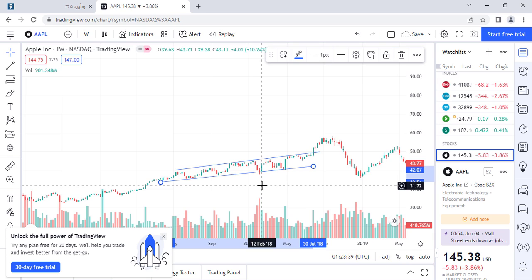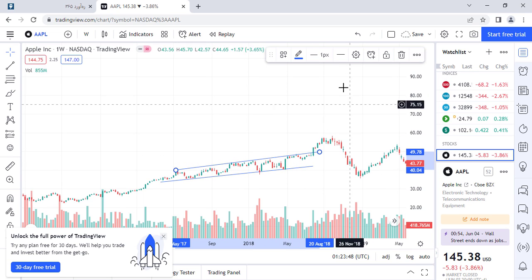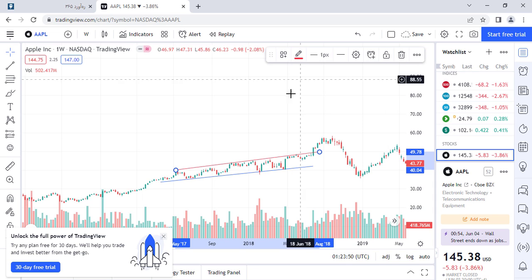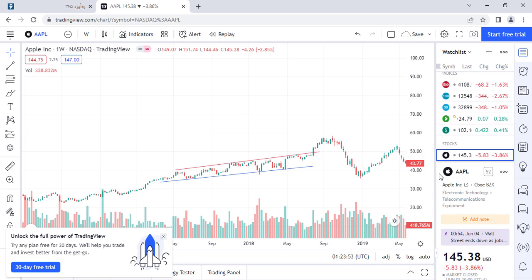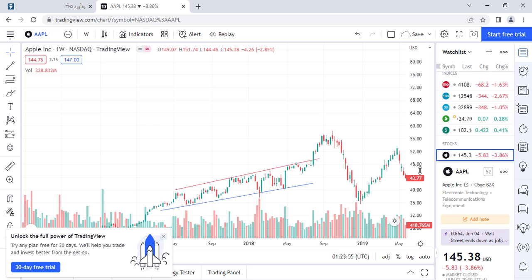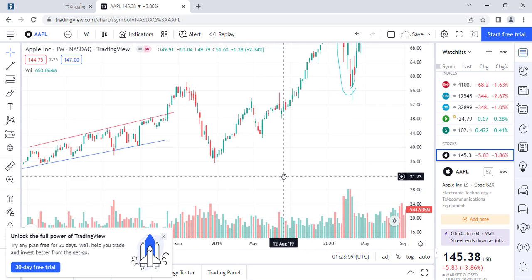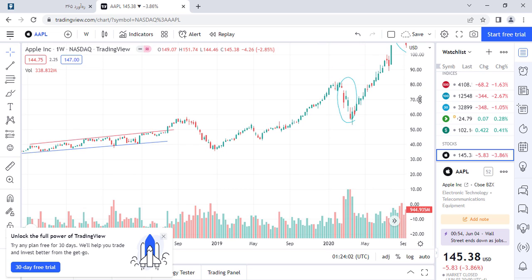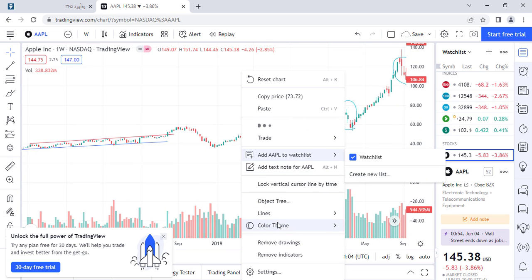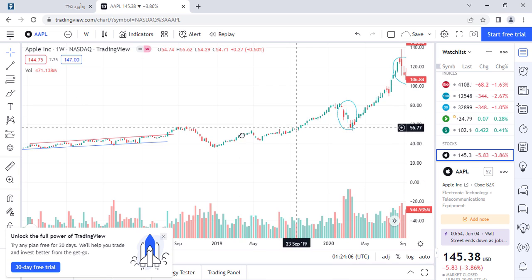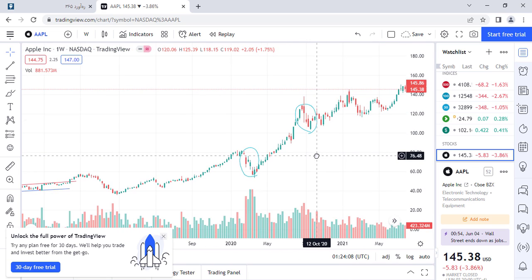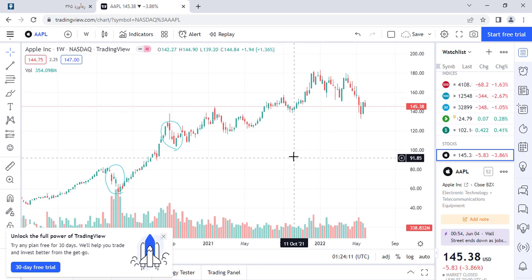Just like the bottom, the support line here. This is the resistance line. Let me check its color. You see that also in the future we have the same thing. Here.